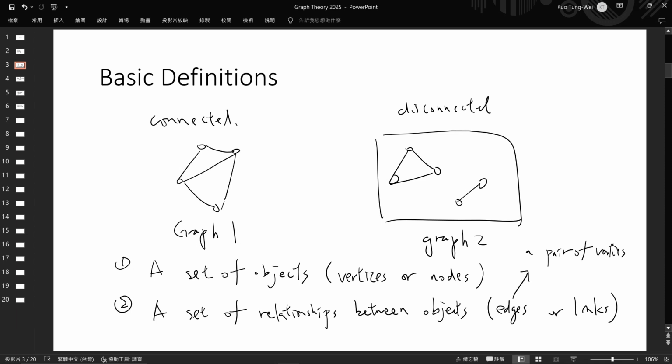We have two graphs. What is the number of components in each graph? An intuitive answer would be, for this one we have one component, and for this one we have two components. One component here and two components here.